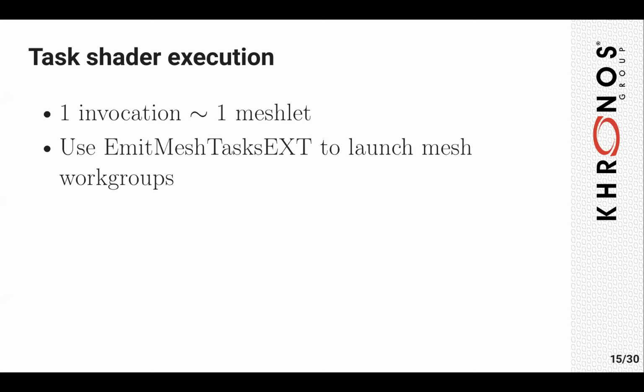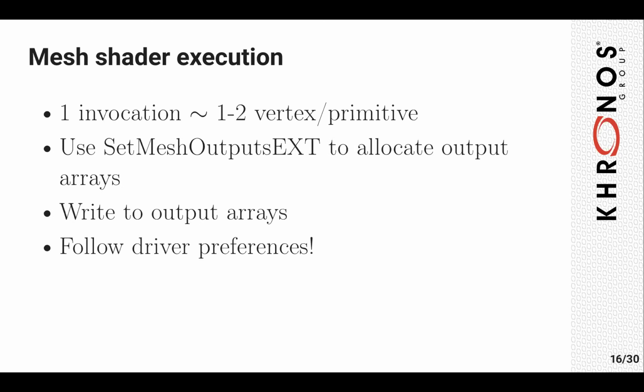What I mean by processing one meshlet is that the task shader can determine whether a meshlet is visible or not. If the whole meshlet is invisible, then you don't need to dispatch any mesh shader workgroups for that meshlet. This is called coarse or cluster culling, and this is very important.